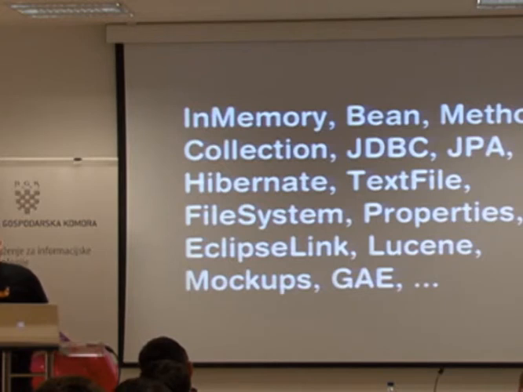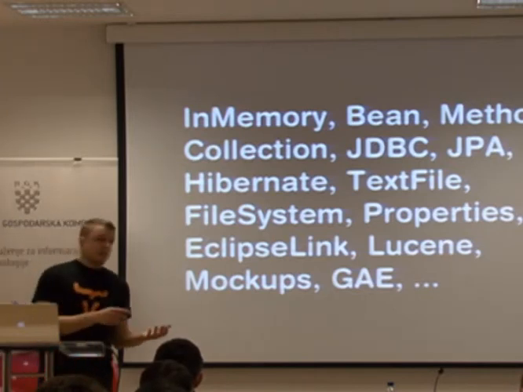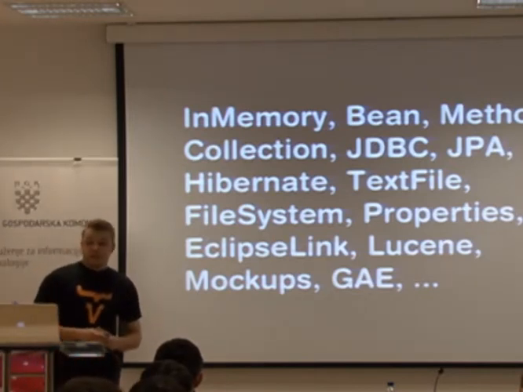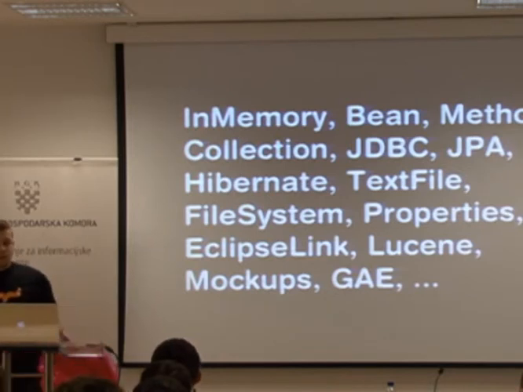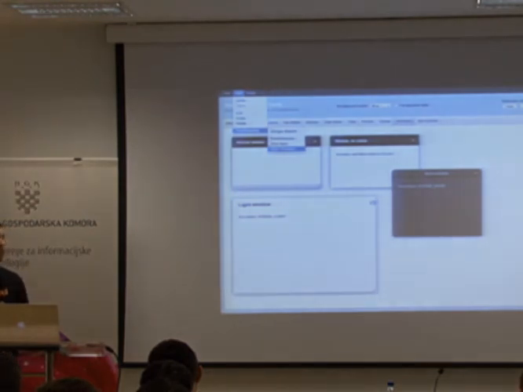Containers can have different implementations like ordered, filtered, hierarchical, whatever, and these interfaces can be implemented in so many ways that I'm not going to go through all of these, but for example, JPA container that will automatically persist data into JPA system, some Hibernate specific container implementation, Eclipse Link, or all the way to the Google App Engine, so whatever.